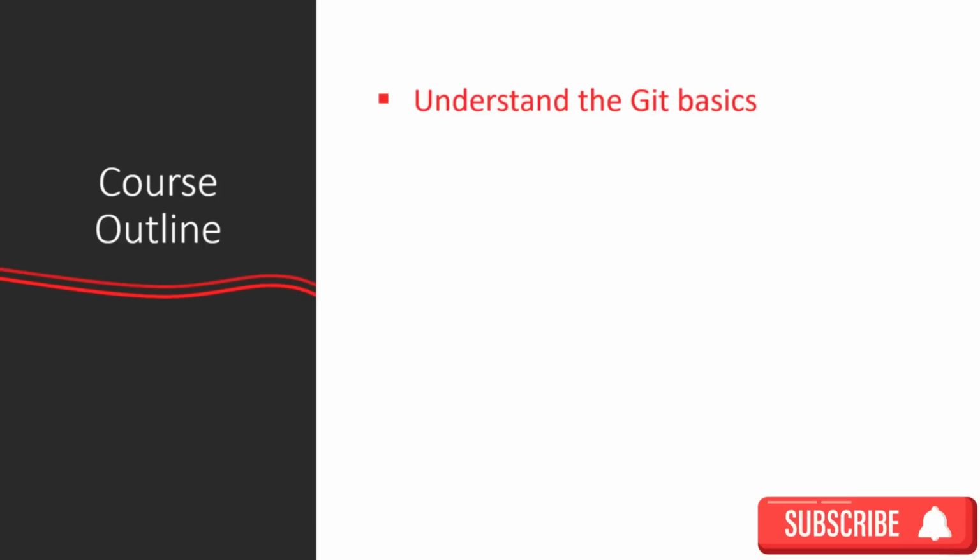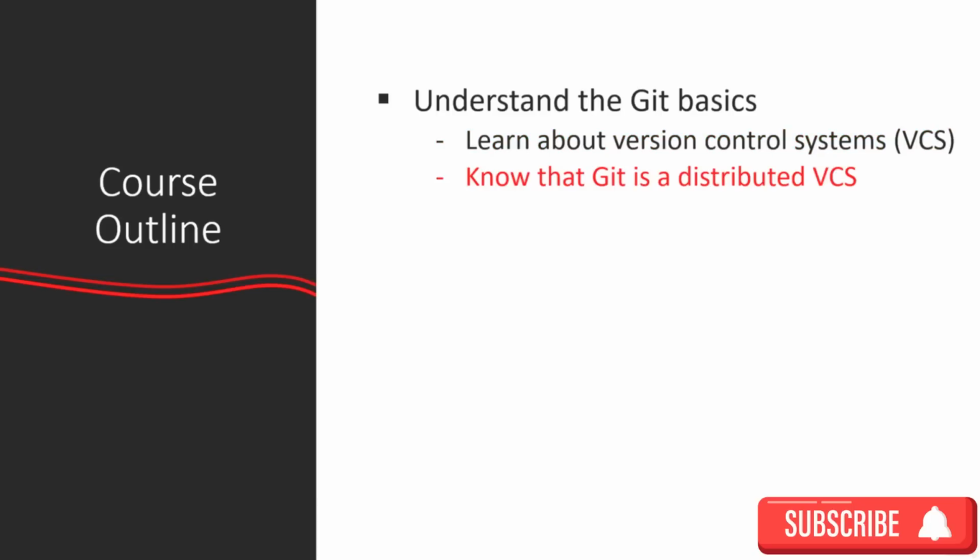Now, let me show you the course outline so that you know what you can expect from this course about Git. First, I will ensure in this course that you understand the Git basics. You will learn what version control systems are and how they work. Then I will ensure that you know that Git is a distributed version control system and you will learn what that means.